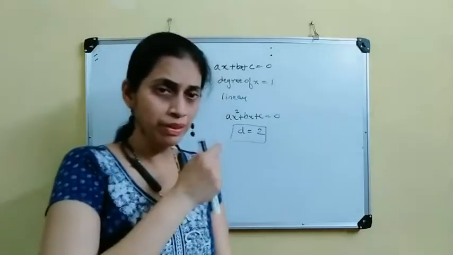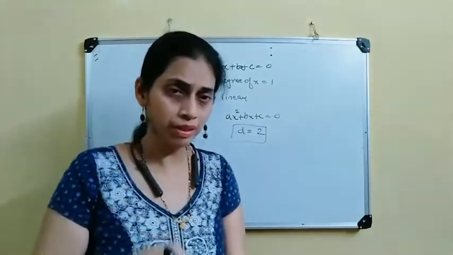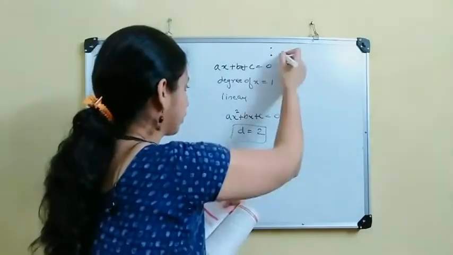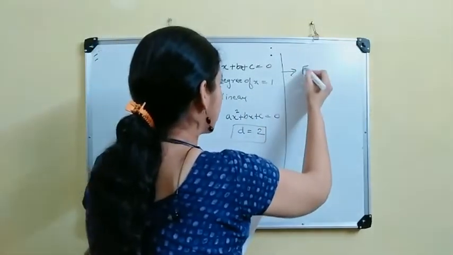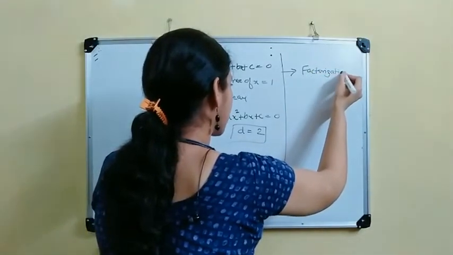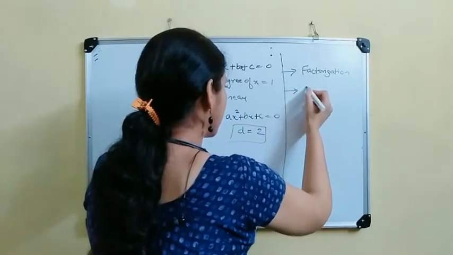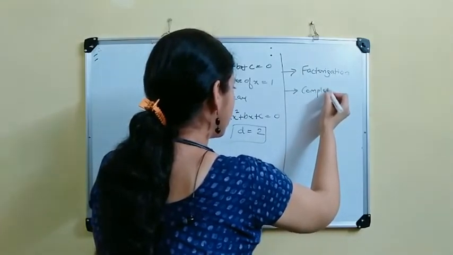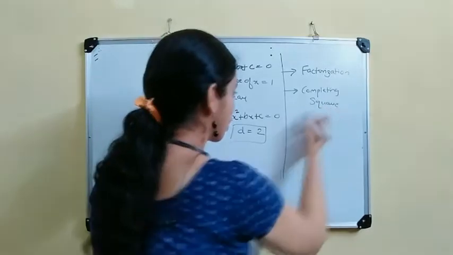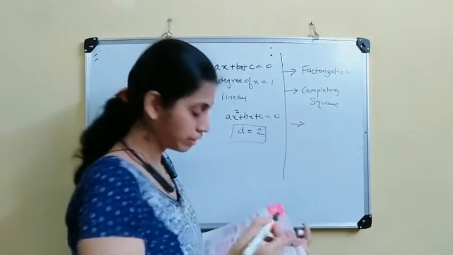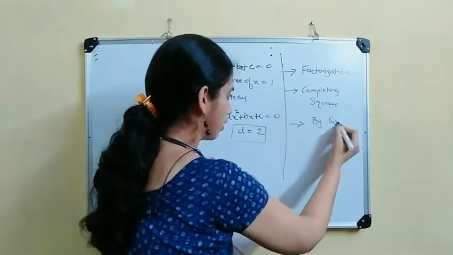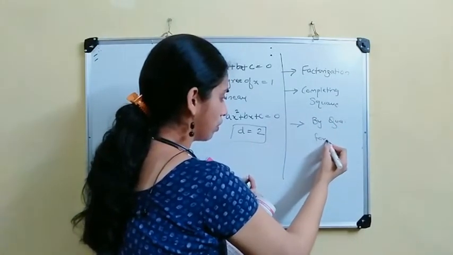I am just going to give you a basic idea of the three methods we will consider: first is factorization, second is completing the square, and the third is by the quadratic formula.